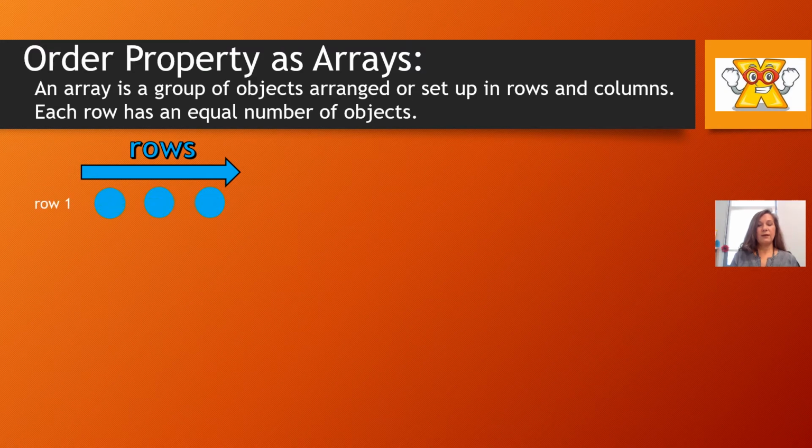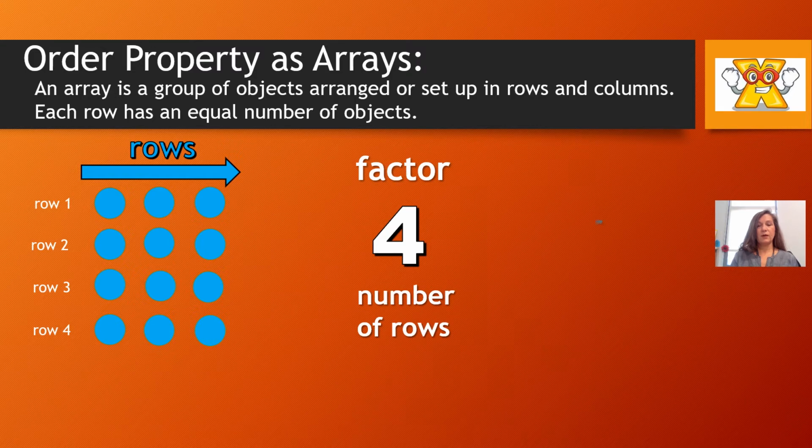And so if we have a row of 3, another row has a group of 3, another row has a group of 3, and another row has a group of 3, we have 4 rows, and we have 3 in each row.